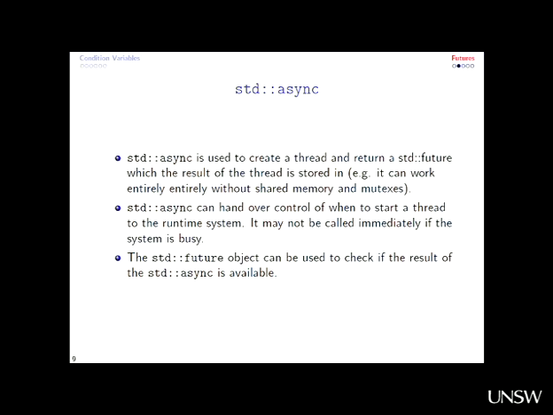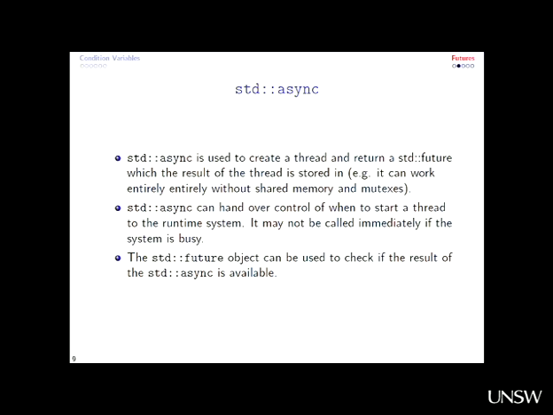But in the context of standard async, this is the point. Standard async, when it hands the control over to the runtime system, will look at your system usage and work out, hey, should I go produce this thing now? Or, hey, if the system's too busy, should I wait some time and find a time when the system is free?